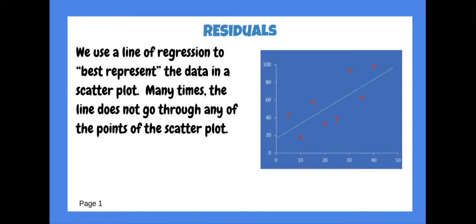This is the picture on the first page, and just so you know, we use a line of regression or a line of best fit to best represent the data of a scatter plot. A scatter plot usually is just a group of points, and then we use a line or sometimes other equations or functions to best fit the data.